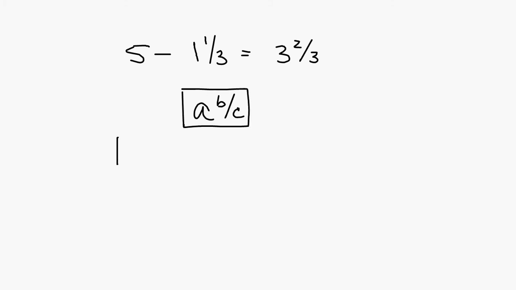So you type 1, this button, 1, this button, 3, and in the calculator it looks like 1 and 1/3. So addition, subtraction, multiplication, division, anytime you see a fraction, most people don't like fractions, just let the calculator deal with the fractions. Okay?